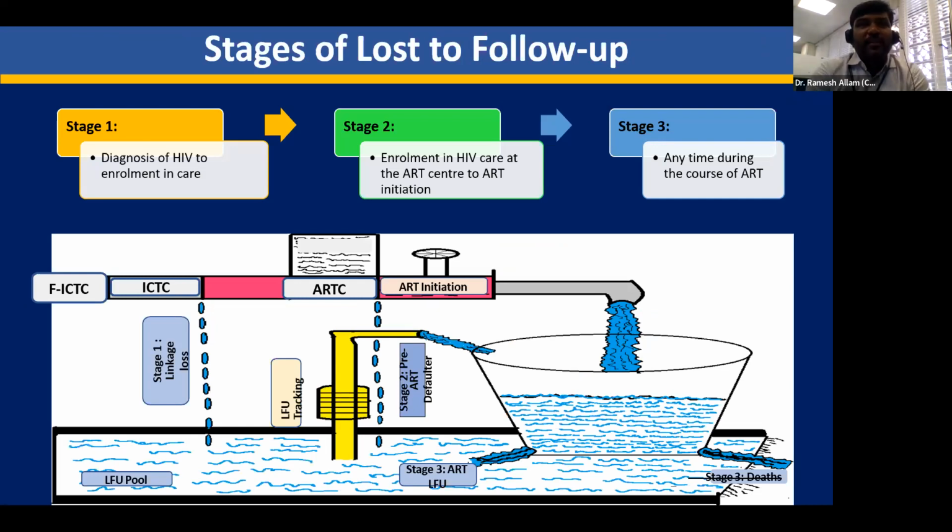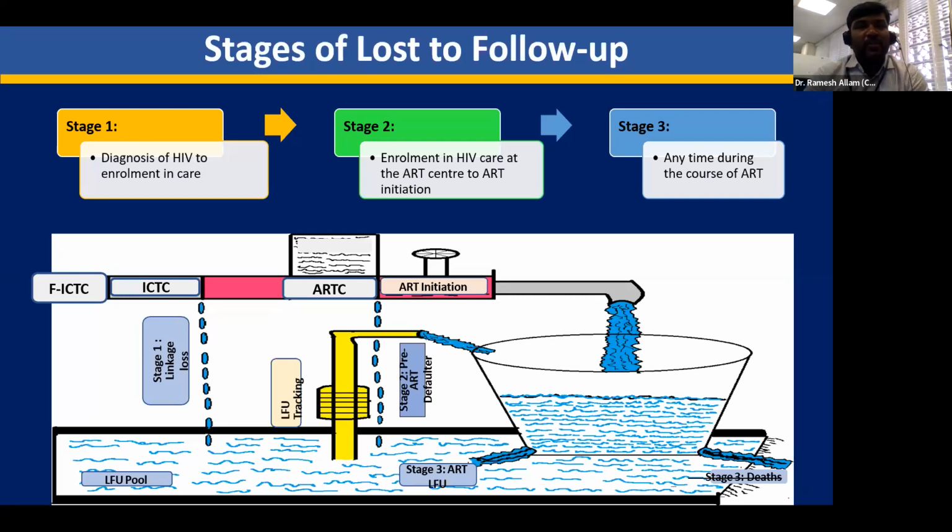If you see this infographic, there are different stages of leakage in the cascade, from the time the patient is diagnosed HIV positive to the time the patient is actually put on antiretroviral therapy and routinely followed up. Between stage 1 and stage 2, that is, from diagnosis to enrollment in care, some patients miss registering from ICTC to the ART center.